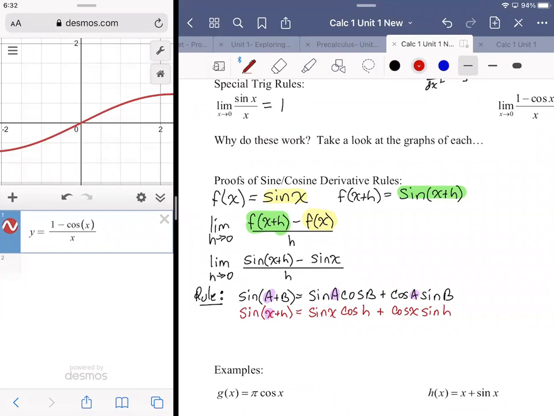And so we get an expansion, but more importantly, we get rid of the sum contained within the argument of the sine function. So bottom line is we now have a way to swap out that sine of x plus h. The limit as h approaches 0 of sine x cosine h plus cosine x sine h minus the sine of x that's already there all over h.